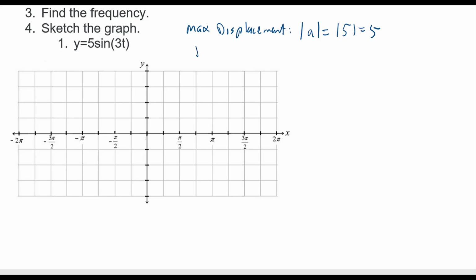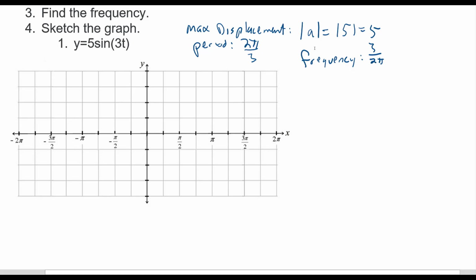The period is going to be 2 pi divided by 3. That's it. The frequency is going to be 3 over 2 pi, just the reciprocal.